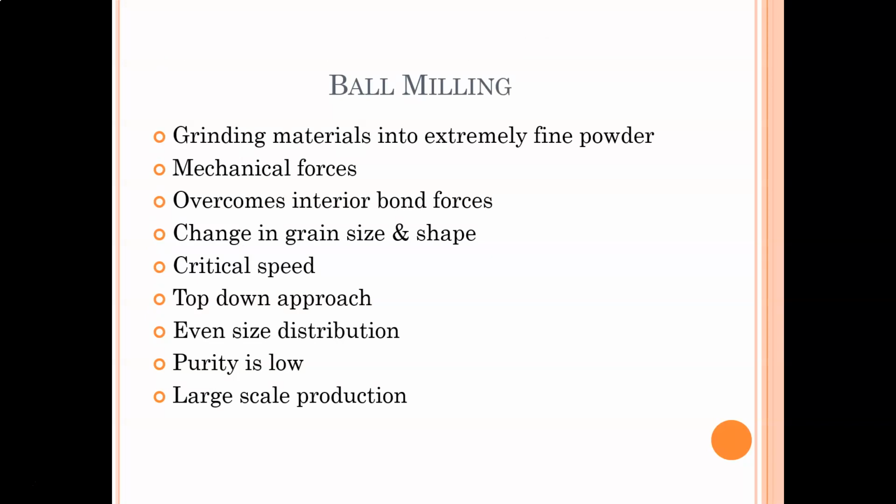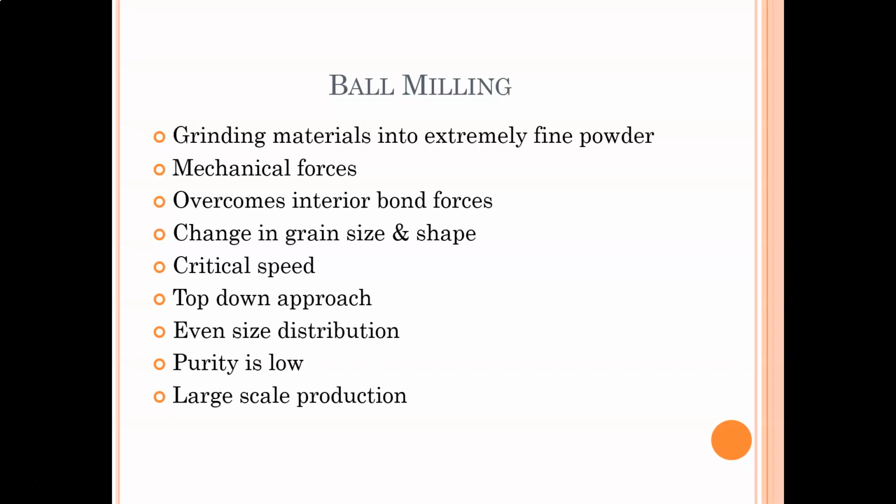Ball milling is one of the most common physical methods, wherein you are grinding the heavy bulky material to form extremely fine powder. Here you are making use of mechanical forces, and this will overcome the interior bond forces in the bulk material to grind it to grains of similar size and shape.